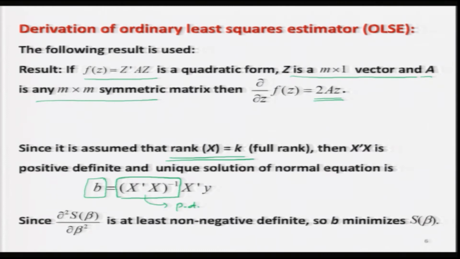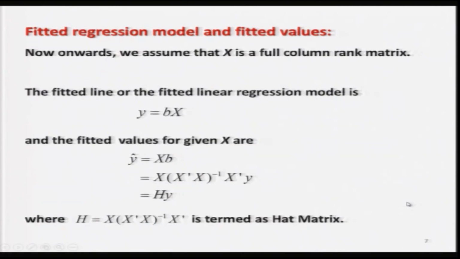And we already have seen that the second partial derivative of S beta with respect to beta is also at least non-negative definite. So, now I can assure that b minimizes S beta. So, this is our ordinary least square estimation. From now onwards, whenever we do anything in this course, we will always assume that X is a full column rank matrix.